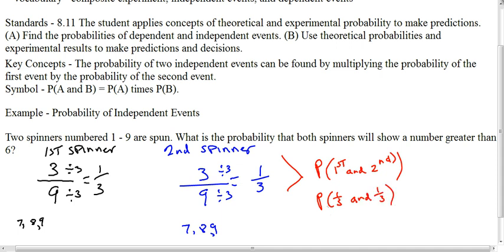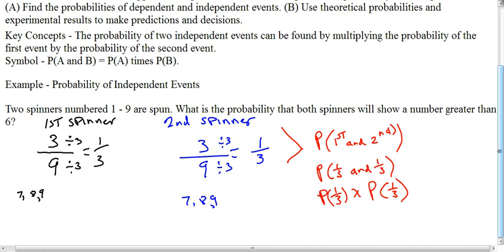We can take that and have the probability of 1/3 times the probability of 1/3. Okay, so once we get here, we multiply. I'm going to bring this out here so we can see it. So we have 1 over 3 times 1 over 3.